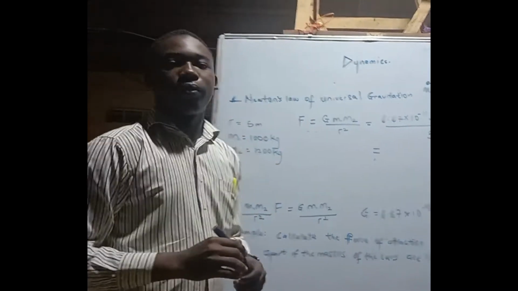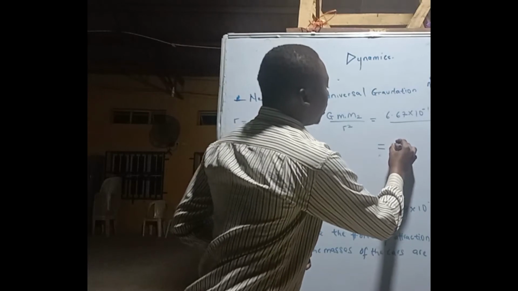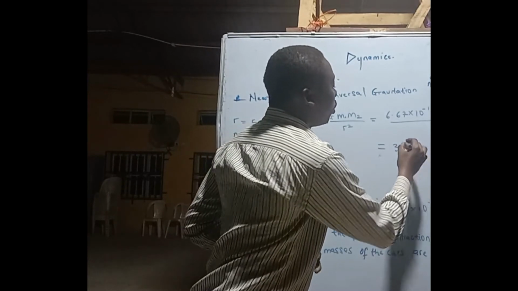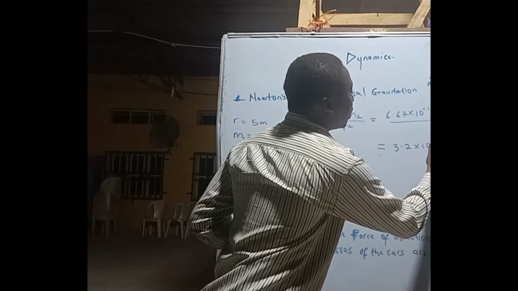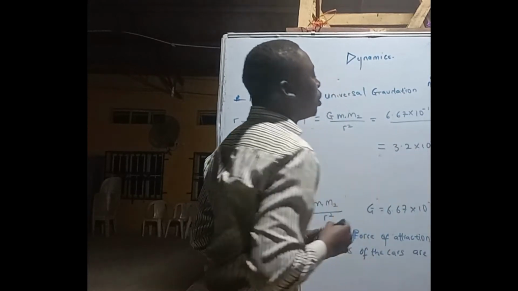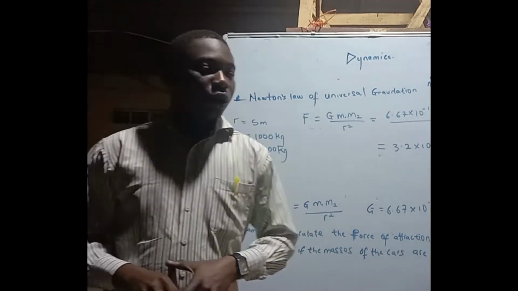So the answer now would be 3.2. When you punch your calculator, you get 3.2 times 10 raised to power minus 6 Newton. The unit of force is always Newton. You get that?